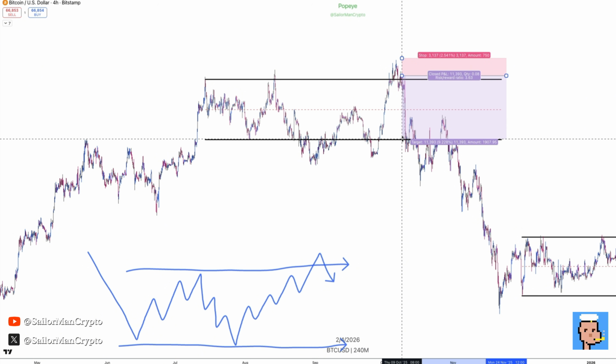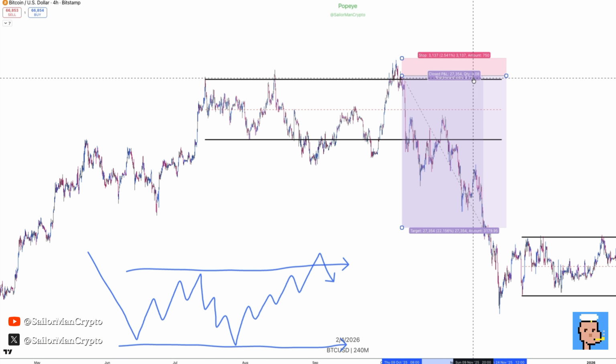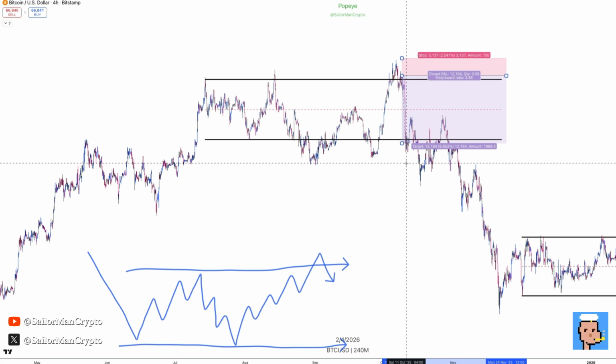You will take most of the profit here at 3.63R, but perhaps you can keep 10-20% of the position to go much lower. So in this case, even if you keep 10% of the position, the remaining part of the trade becomes an 8, 9, 10R, and you would be, let's say, very profitable at the end of the day. This depends a little bit on your risk tolerance or your patience or whatever.